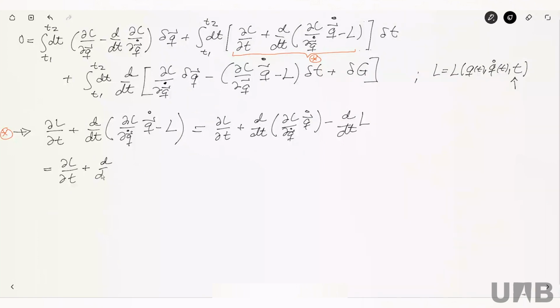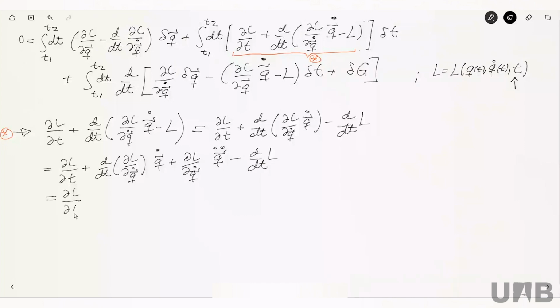That's the derivative with respect to time of the first term times the second term, plus the first term times the second term, which is q double dot, minus the derivative with respect to time of the whole Lagrangian. So now let's keep on computing.